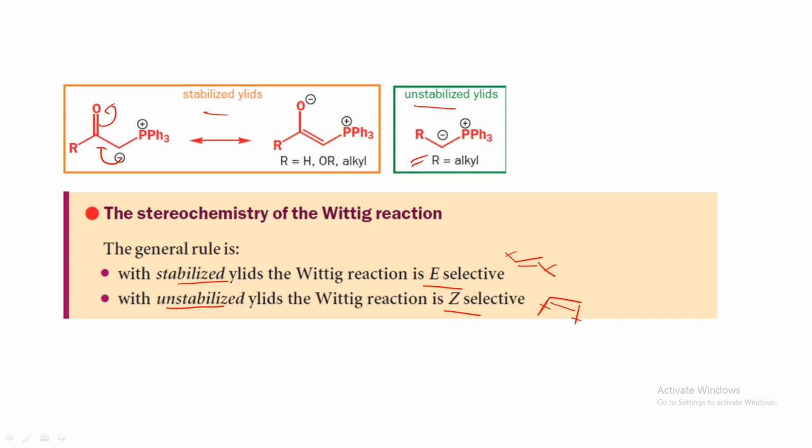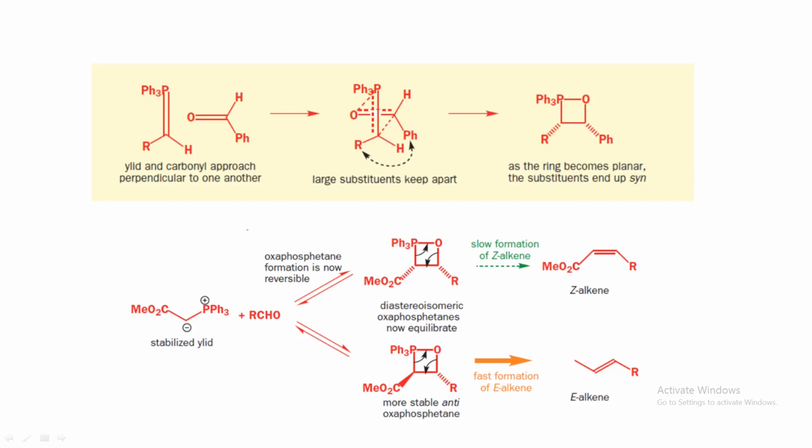So there is some research still going on, but with the approach we can do some reasoning on why this type of selectivity is coming, or how this type of selectivity is coming. So that I am going to discuss now. So let's look at this. This is an ylide, and this is an aldehyde, or it can be keto, with which the ylide would be reacting. So these are the two molecules.